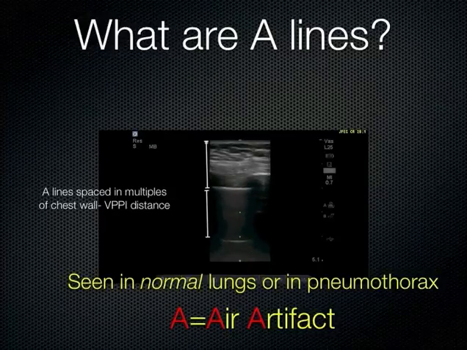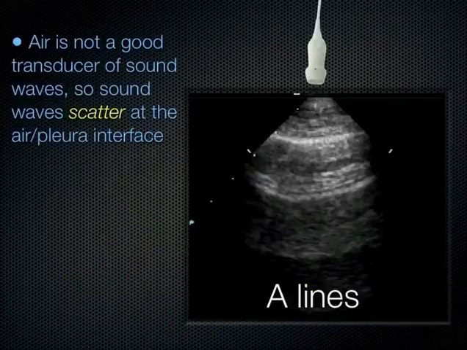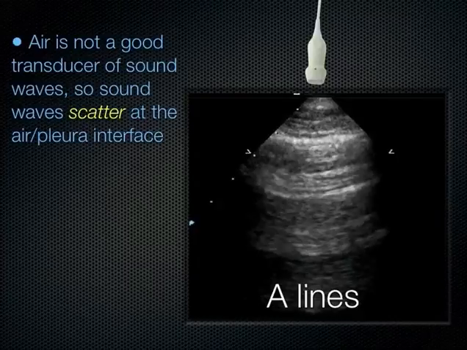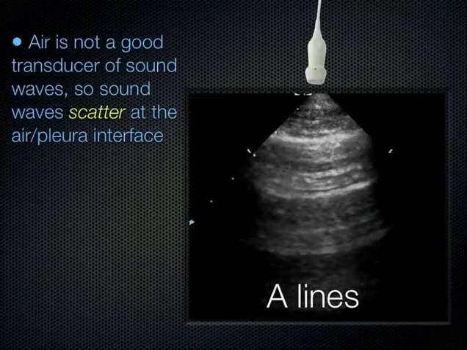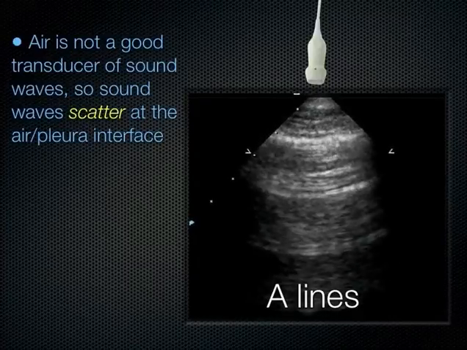Another example, just a reminder, air is just not a good transducer of sound. The sound will reach that pleural line and most of it will scatter back. The ones that do reach back to the probe in an organized fashion will create an image, and that's the pleural line.